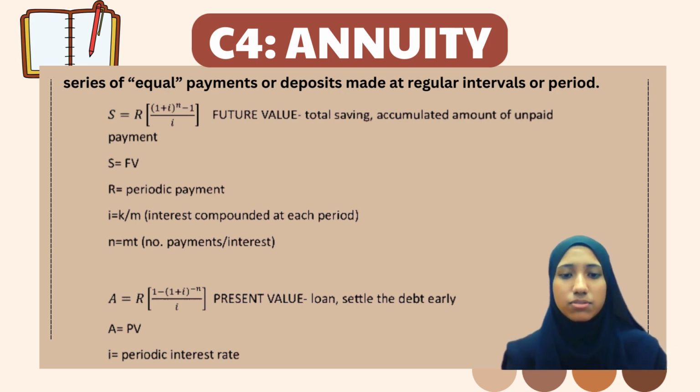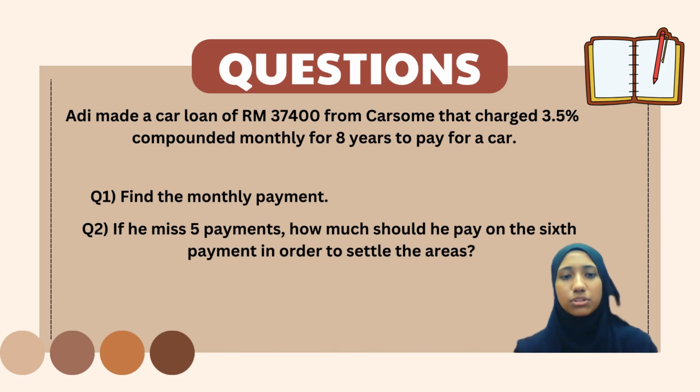This formula we can use to calculate a loan or settle a debt early. In this formula, A stands for present value and i is the periodic interest rate, and the rest is the same as the first formula.